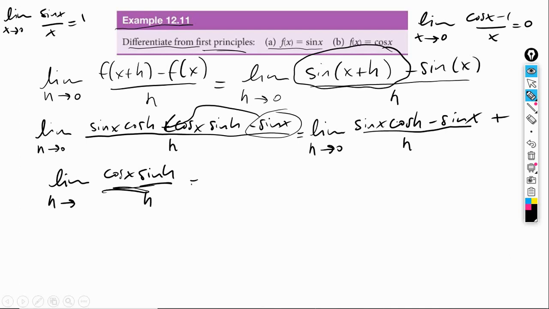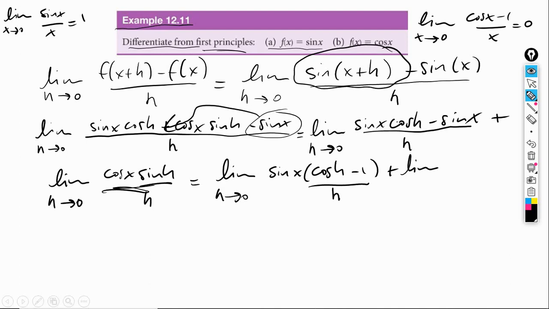So this would then equal the limit as h approaches 0, and I'm going to factor out sine of x: sine of x times cosine of h minus 1 over h, plus the limit as h approaches 0 of cosine of x times sine of h over h.